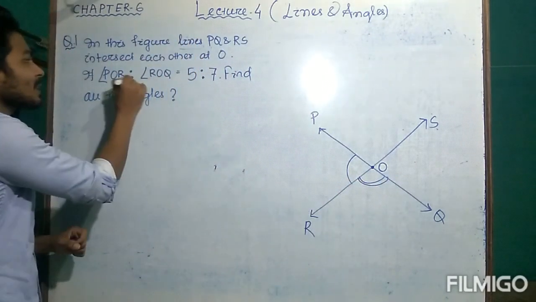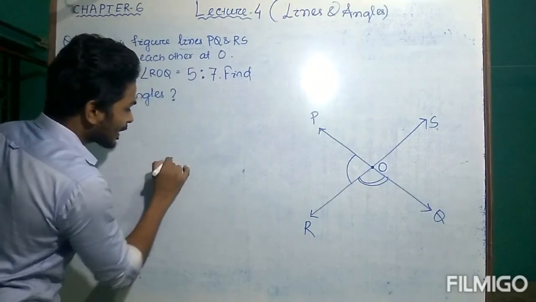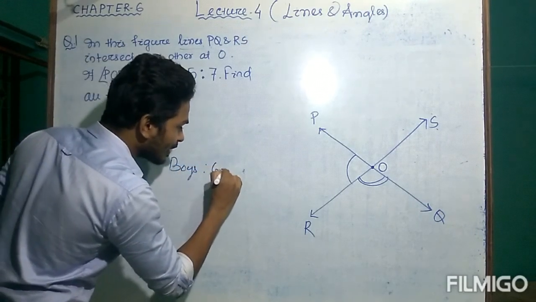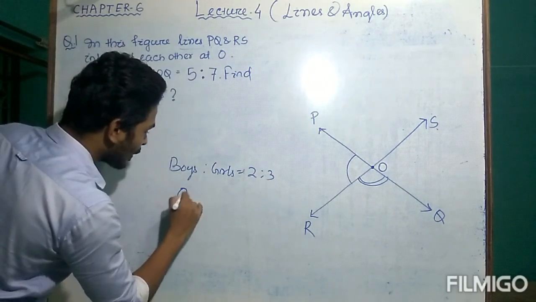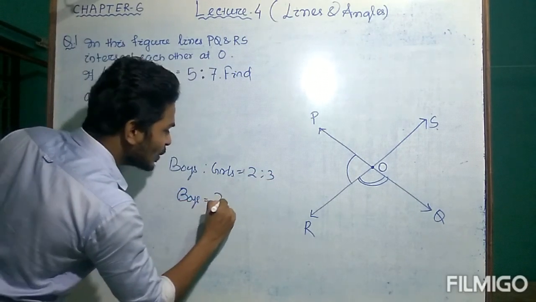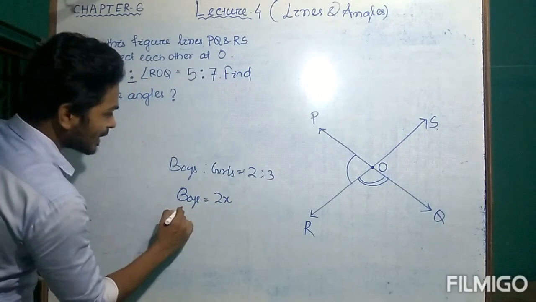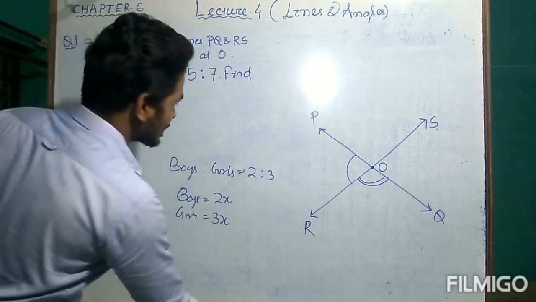Here is a term ratio. As we know, if there is a ratio, suppose in a school the number of boys to the number of girls ratio is 2:3. It means the number of boys is 2x, or 2 times x. Similarly, the number of girls is 3 times x.